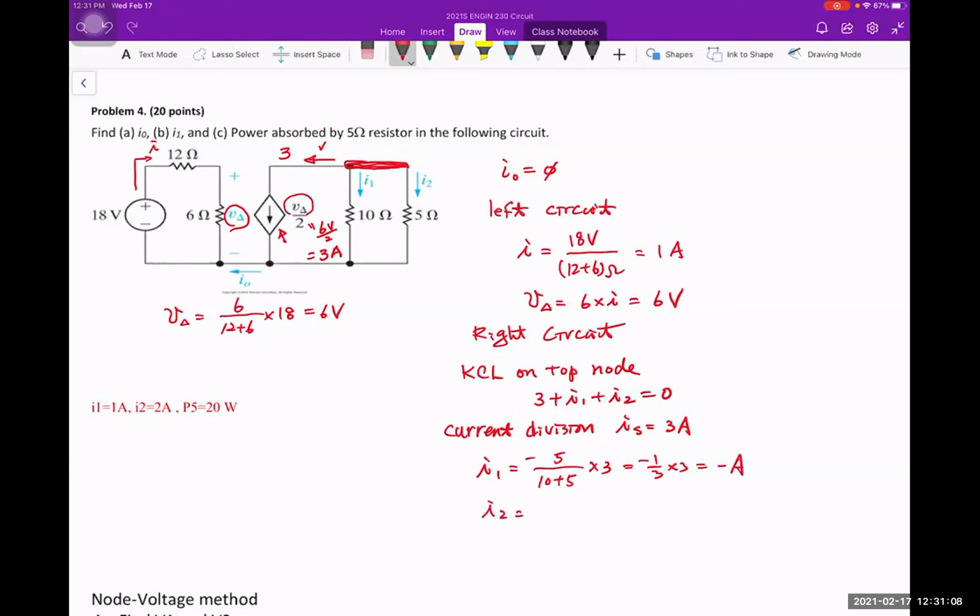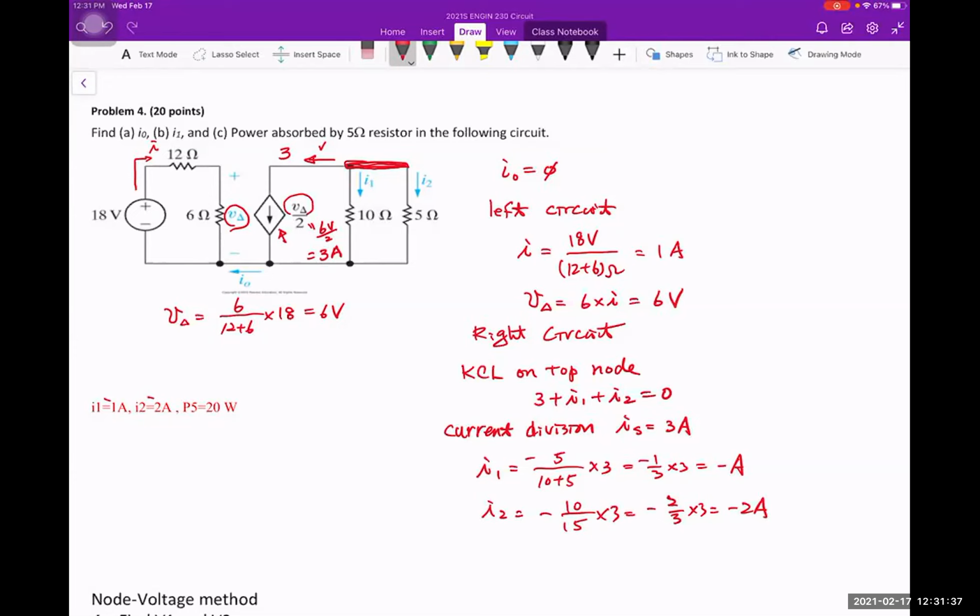And I2 will be negative 10 divided by 15 times 3, that will be negative 2/3 times 3, that will be negative 2 amp. And then you got the solution for this one here, okay? So those currents should be negative 1 and negative 2. That should be negative. I forgot to put negative here.